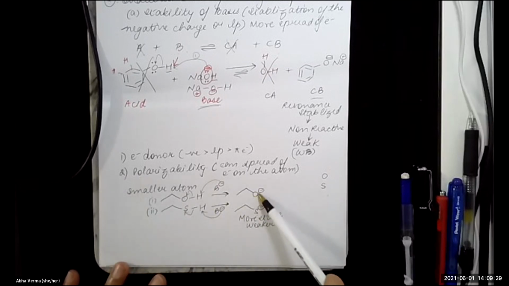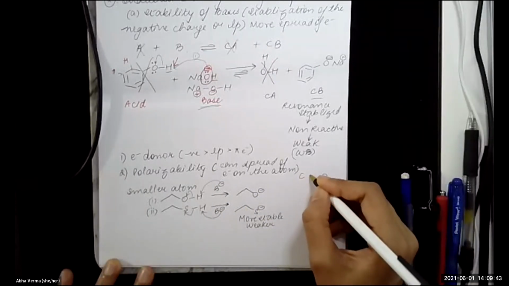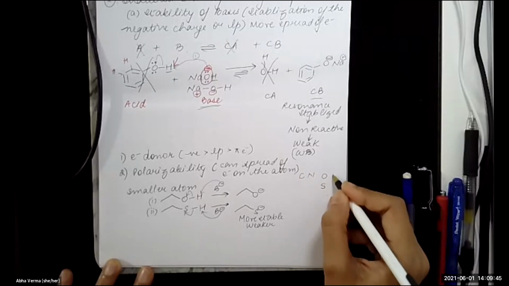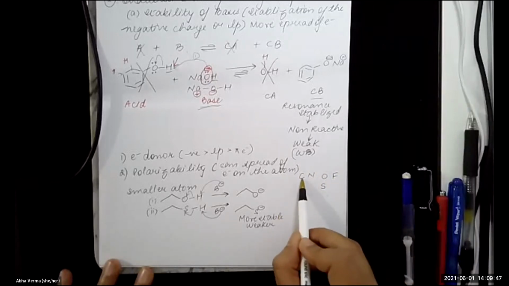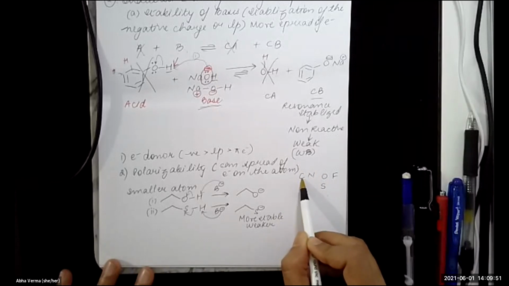So always remember, if your atom is smaller in size with a negative charge on it, it will have stronger basic properties. Similarly, if you look at carbon, nitrogen, oxygen, fluorine, the carbon with a negative charge will be the strongest base.